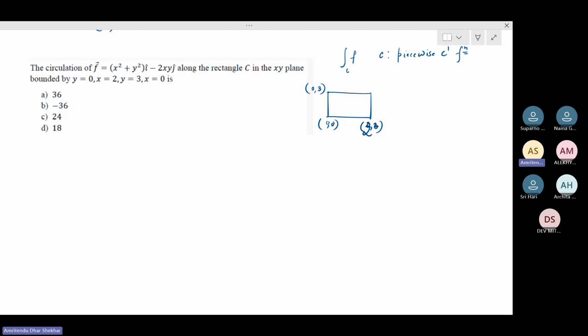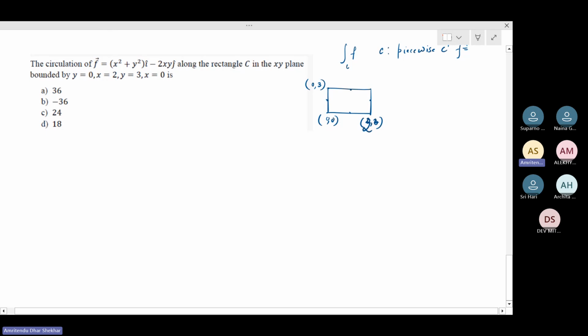But the computation here is fairly simple. What you need to do is decompose it into four C1 components. Okay, so the four C1 components are this, then this, and then this. So it's just the integration of f over first this.